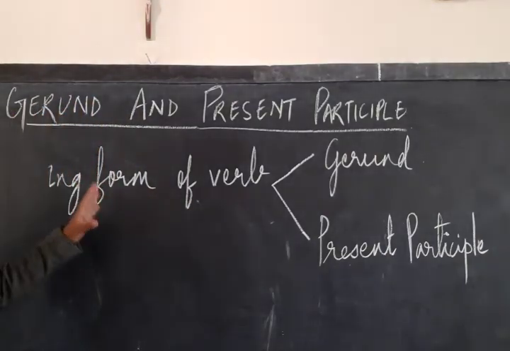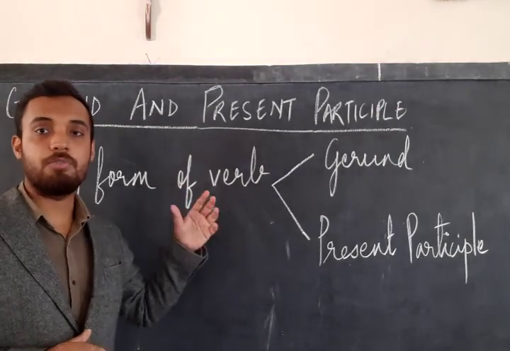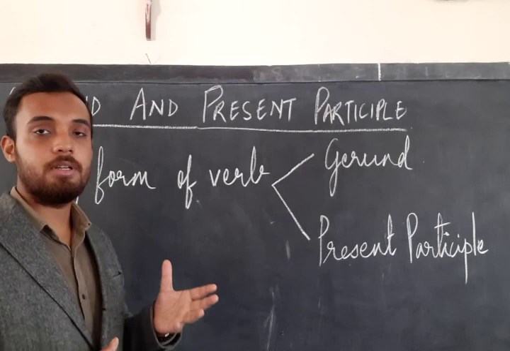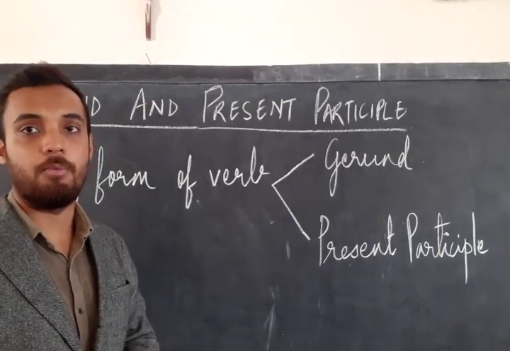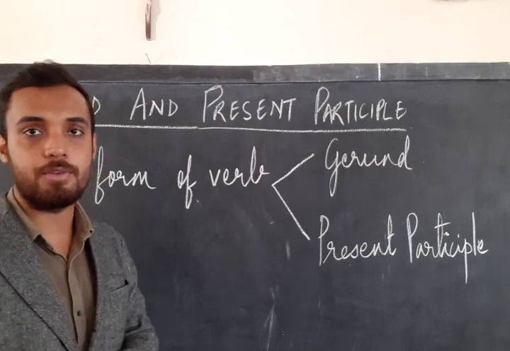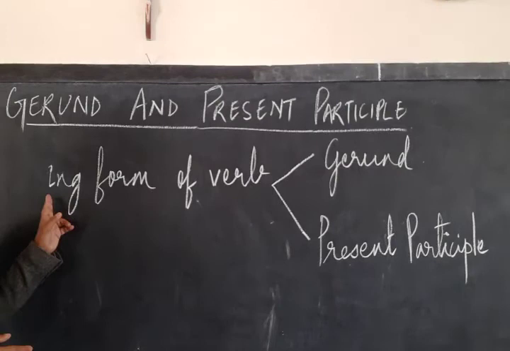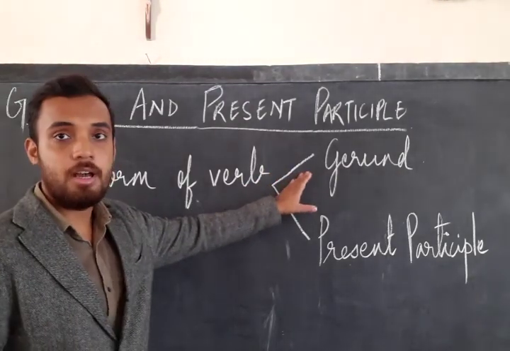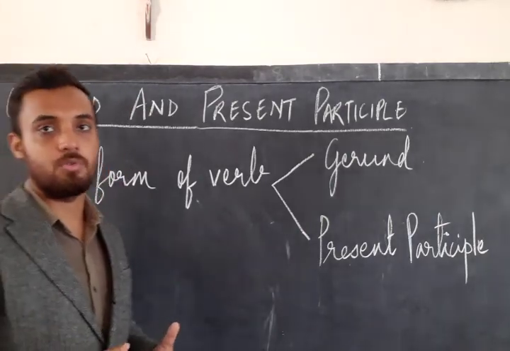We have already discussed that a gerund is a verb form which functions as a noun and it is formed by adding ing to the verb's first form. So over here you can see the ing form of a verb is a gerund as well as a present participle. This is a similarity between these two.